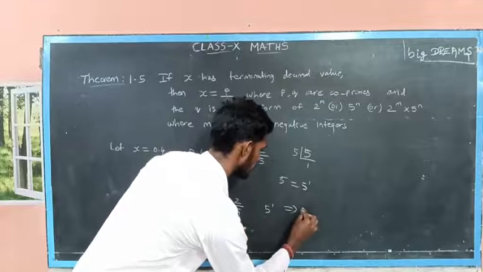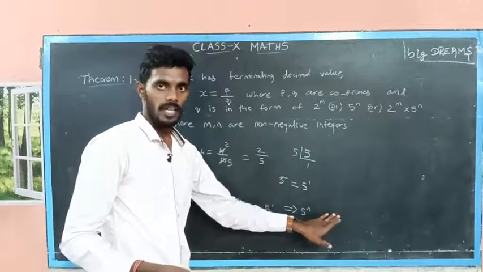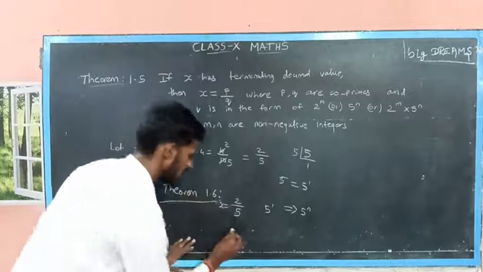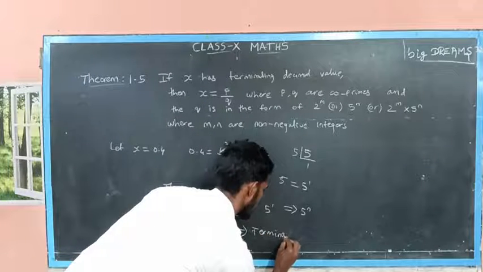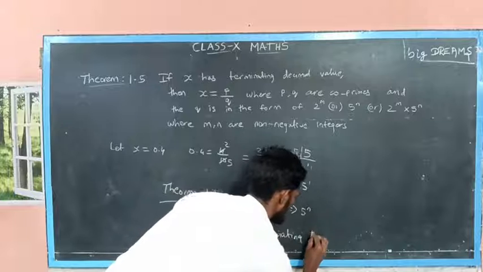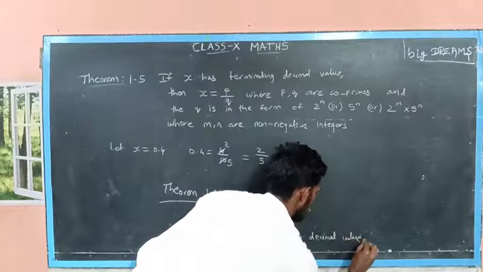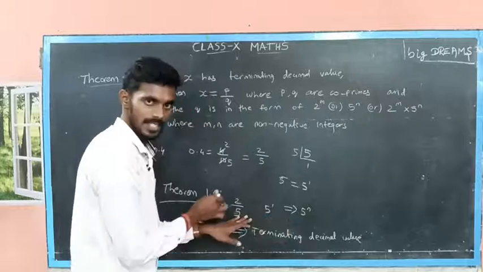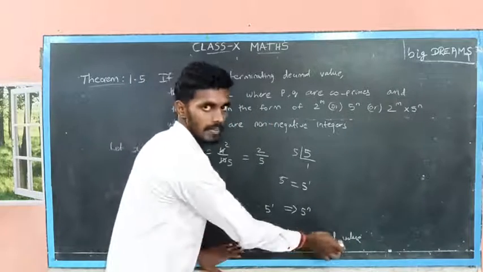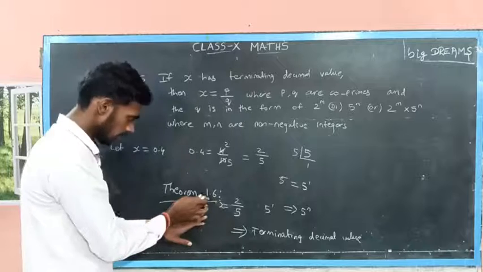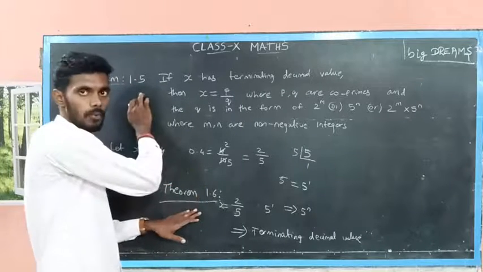So it can be substituted as 5 power n, where m and n are non-negative integers, then definitely it will have a terminating decimal value. If a number is given with these conditions, then the decimal expansion of this value is a terminating decimal value. This is theorem 1.6. It is just the inverse of theorem 1.5.